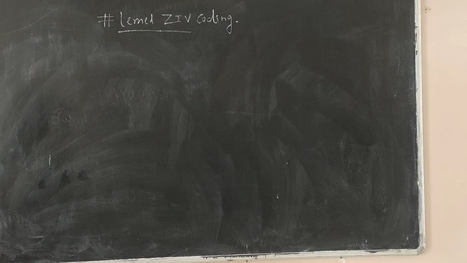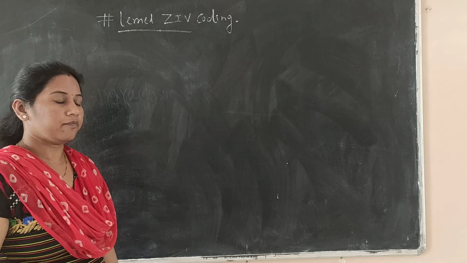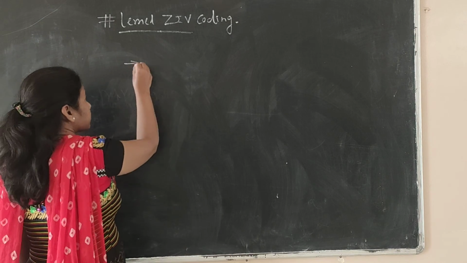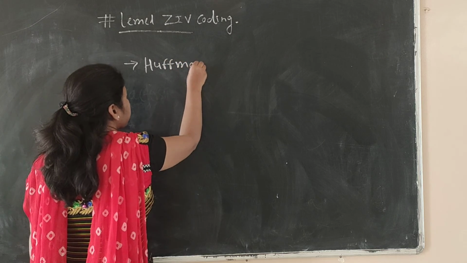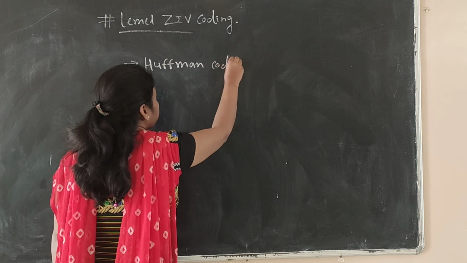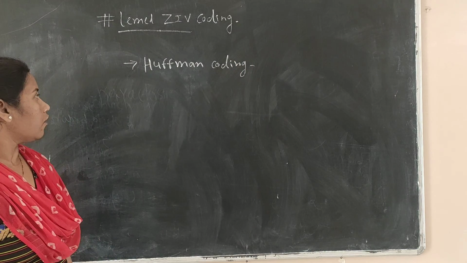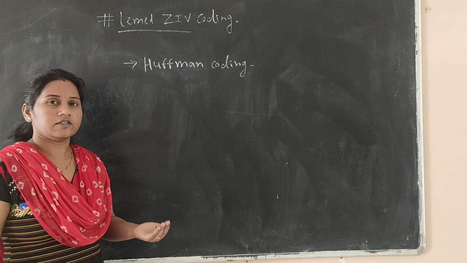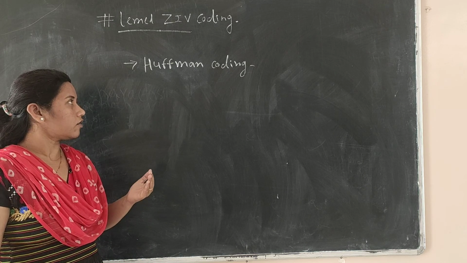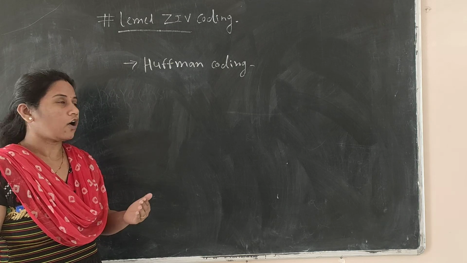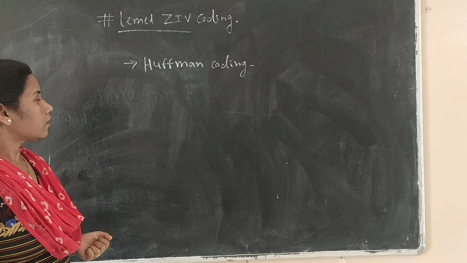In the last lecture we have seen Huffman coding. In Huffman coding we have seen how we can convert the code by using the tree, and we get the length of the code, how many code words we can find out by using the tree.